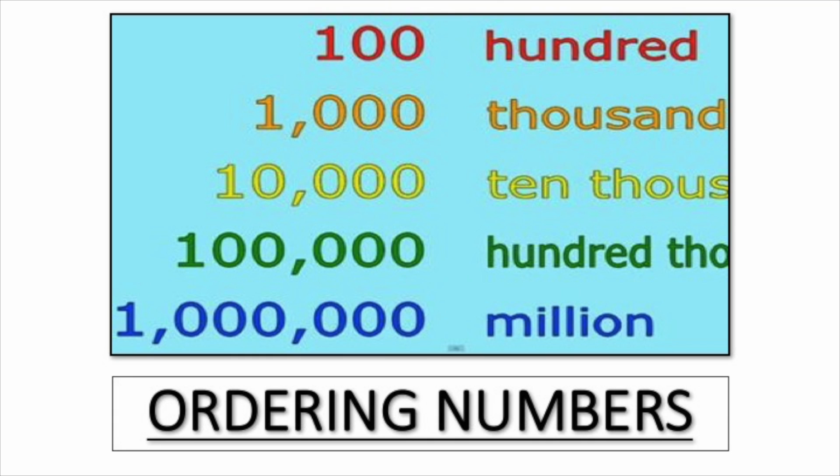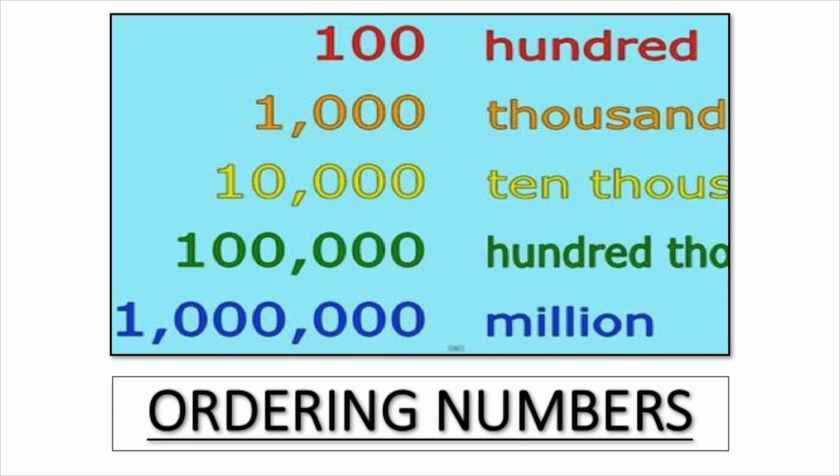numbers. Now, what ordering means is putting numbers into the correct sequence based on size. Okay? So we could start with the smallest number here, which is 100. Okay? Then we can move to the next biggest number, which is 1,000.